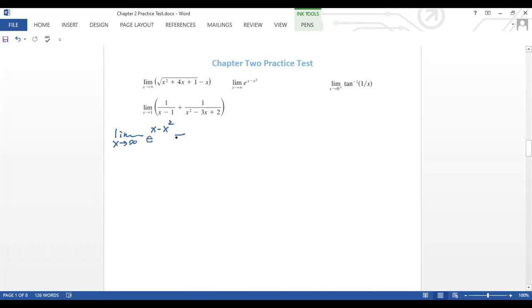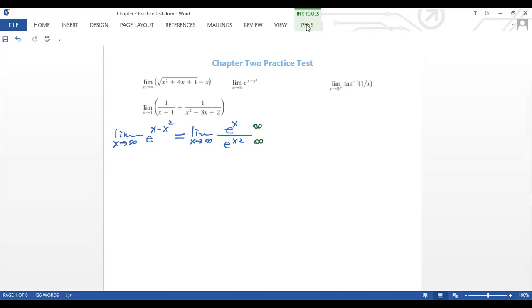So now we know the exponents, you can change it this way: e to the x over e to the x squared, correct? If you put x to infinity, you still have infinity over infinity, right? So it's indeterminate.